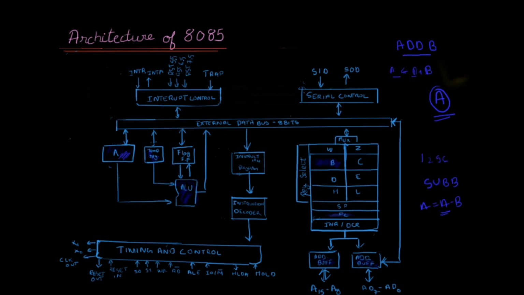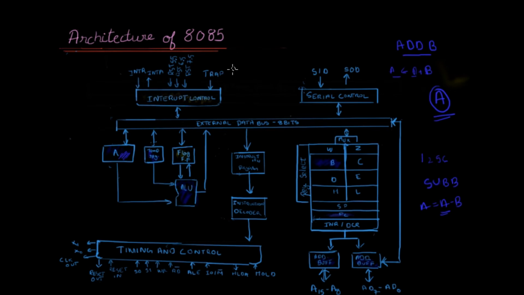Now just a quick wrap on interrupt control and serial control, which again can be explained in a large video itself. But if the question is just to explain the architecture, you generally don't have to write about these two, but just to make sure. What are interrupts? Suppose you're writing a big program, and any such instruction, such as RST 5.5 or RST 6.5, occurs.